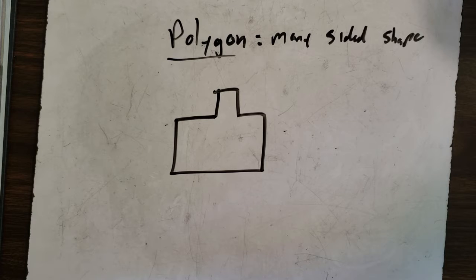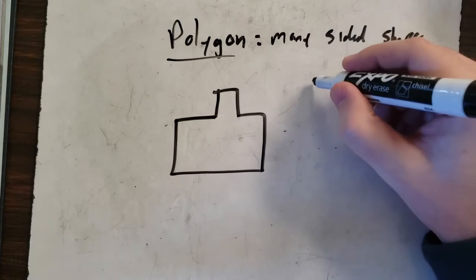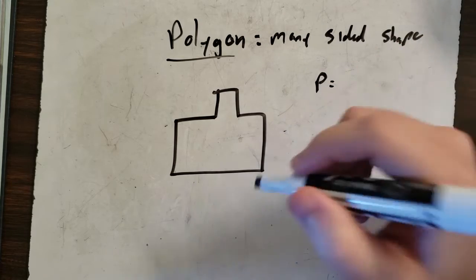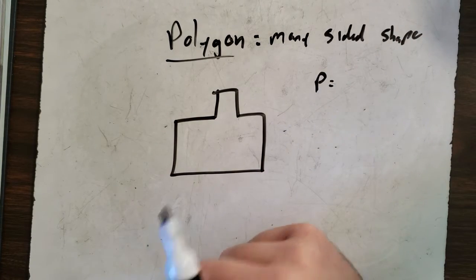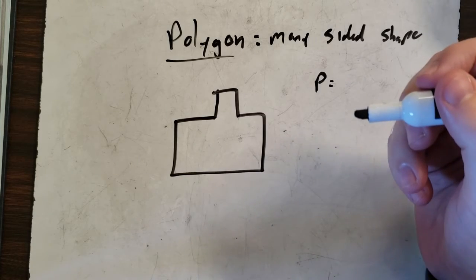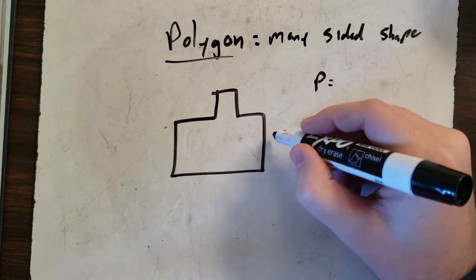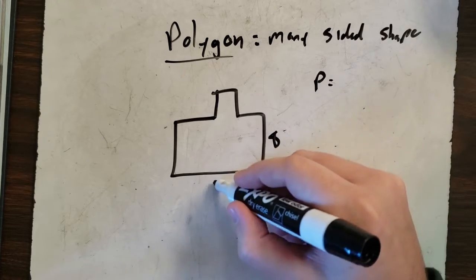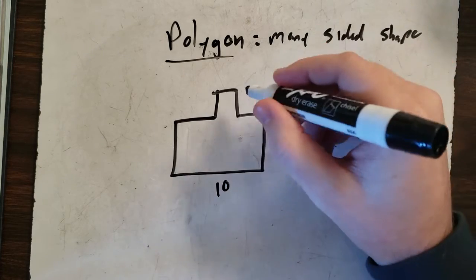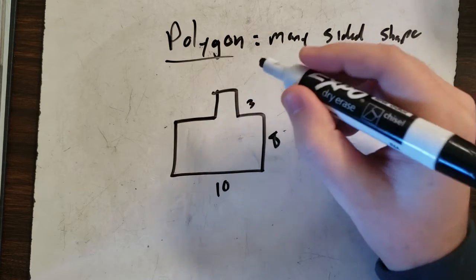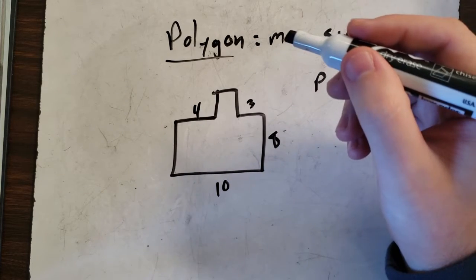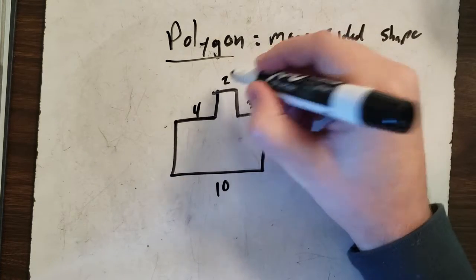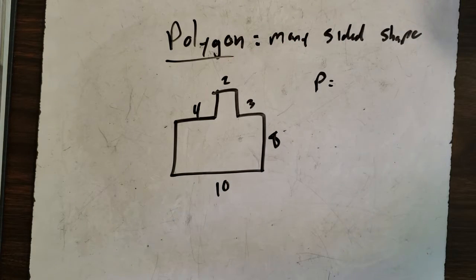So to find the perimeter, you're still adding up all the sides. So let's say for this shape here, this is 8 here, 10 here, 3 here, 4 here, and 2 up here.